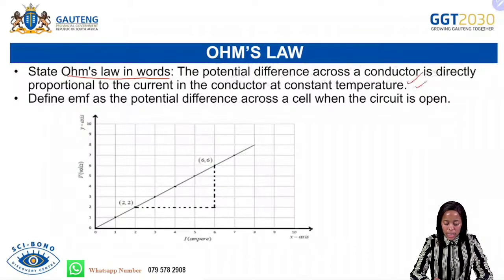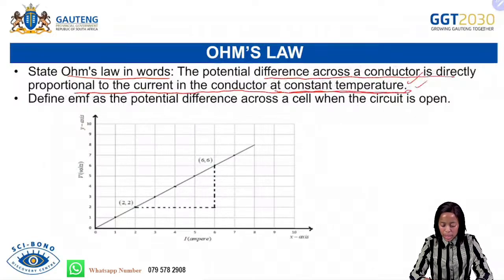It says the potential difference across a conductor is directly proportional to the current in a conductor, at a constant temperature. So remember, the full definition ends where we have the full stop.